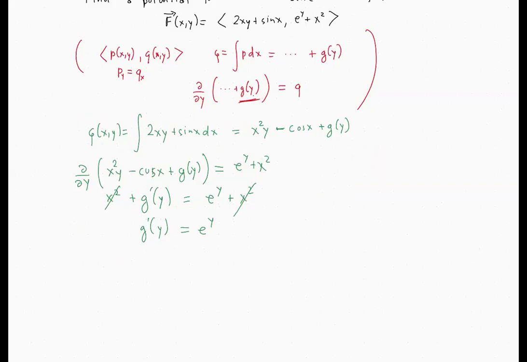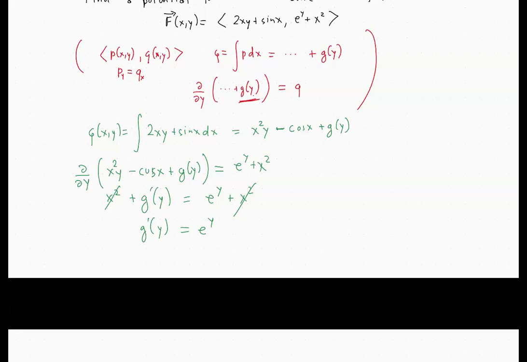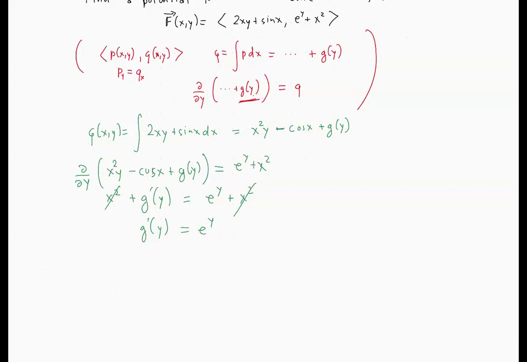But here, if you want a function whose derivative is e to the y, then this function can be chosen to simply be e to the y. So now we can finish by asserting that the potential is x squared y minus cosine x plus e to the y.